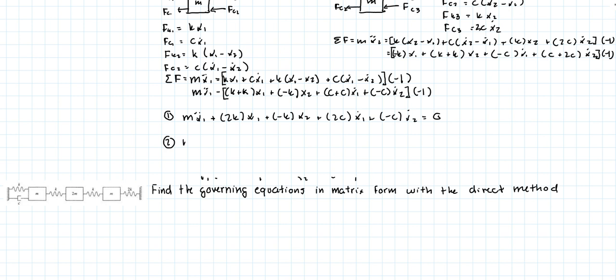Yeah, okay, so the second equation, we are going to get plus or minus k x1 plus 2k x2 plus, rather minus c x1 plus 3c x dot sub 2 is equal to 0.